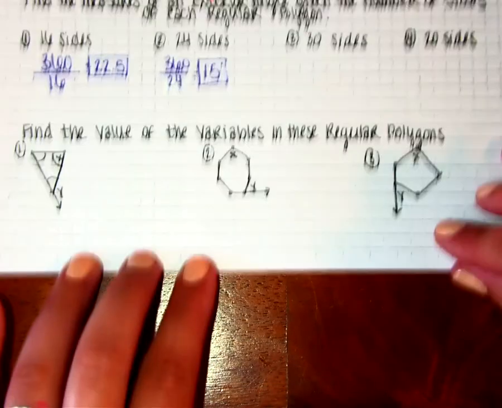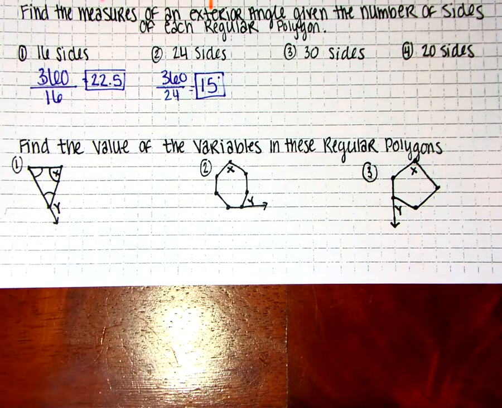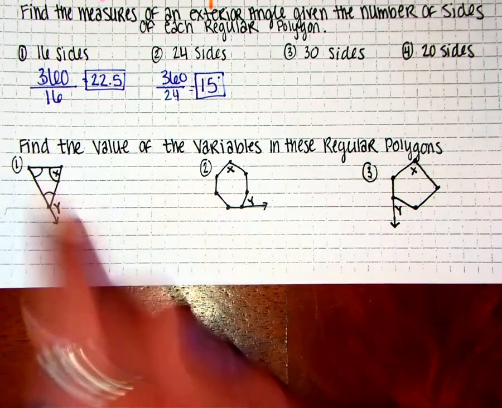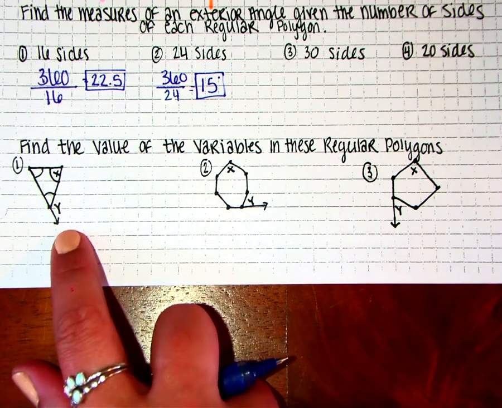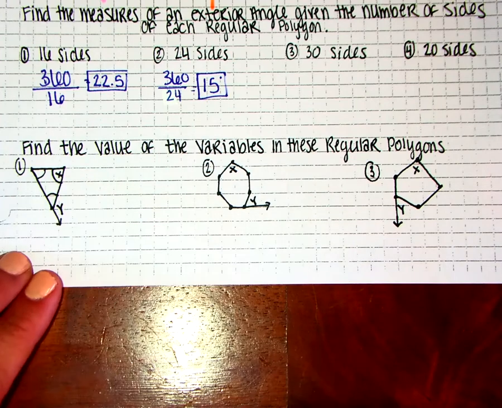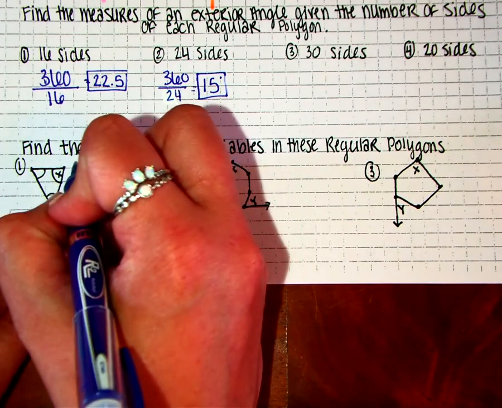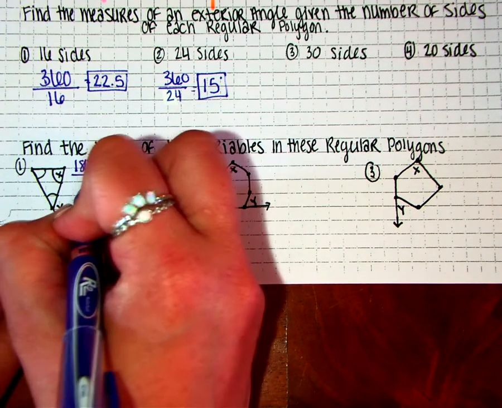For the sake of time and for the sake of my 15 minutes remaining on my battery, let's practice and solve. I did my best to draw these polygons regular. We want to find the measure of one interior and the measure of one exterior. So one interior angle means all of these are equal. This is a triangle, so I already know that the total is 180.